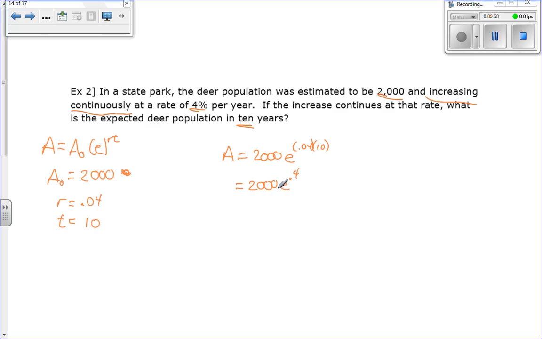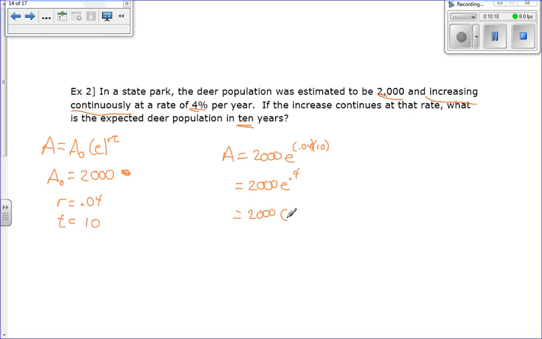This is where it becomes a calculator problem. So it's 2,000, parentheses, and you're going to have to find the e button on the calculator. It's above the LN button, near the log button somewhere, usually on the left side of the calculator.